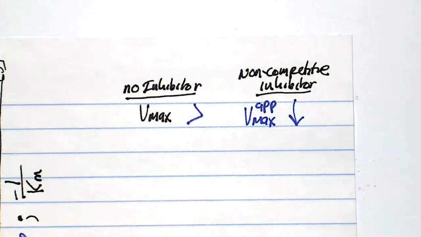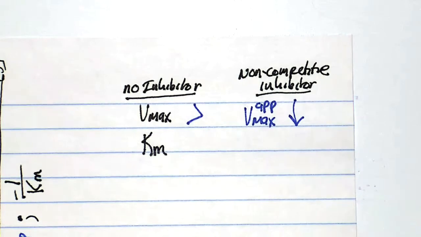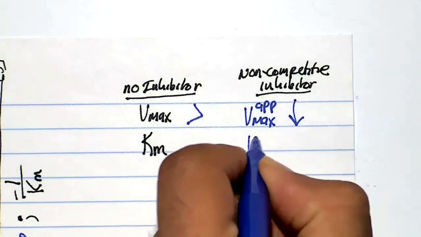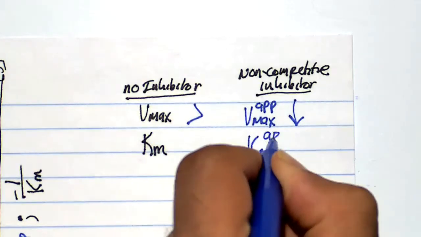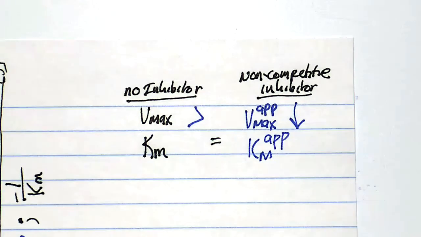And then with no inhibitor, we have Km, the Michaelis constant, the substrate concentration where V is equal to V max over 2, and then we have an apparent K sub m. And as you can see, in pure non-competitive inhibition, they are actually equal to one another.